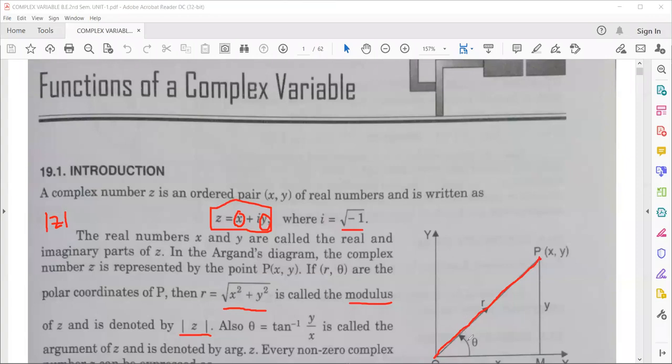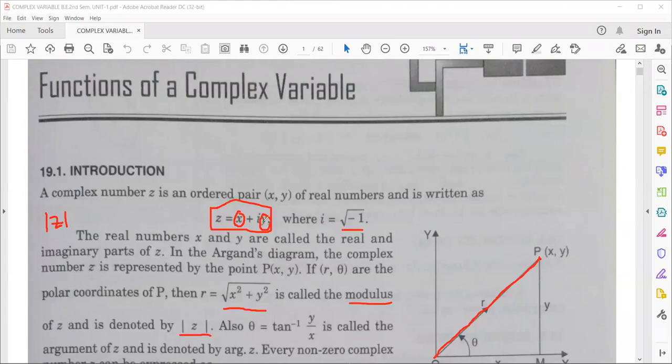And obviously it will form an angle. The angle should always be measured in the anti-clockwise direction. Say this angle is theta. So theta is equal to tan inverse of y upon x.